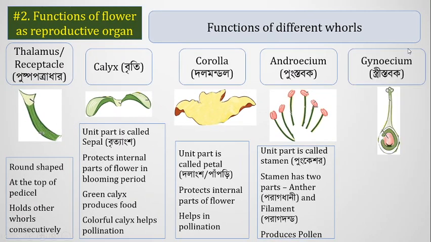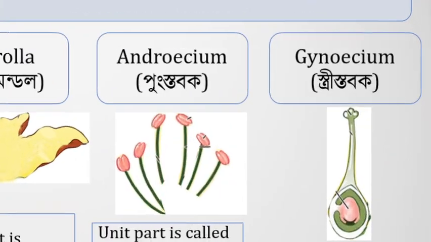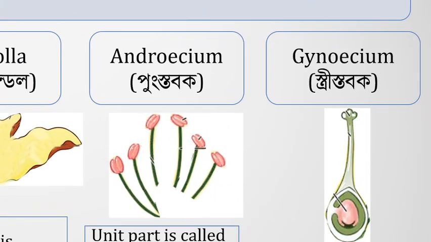And now we are discussing the female reproductive part present in the flower, which is called the gynoecium. The Greek word gyne means female, and the root word andro means male. From the word gyne we call them gynecologists, the doctors who deal with female diseases or female problems.